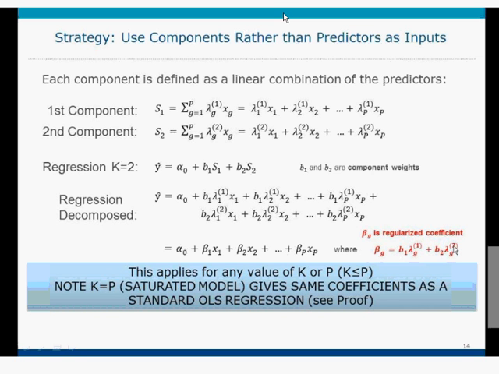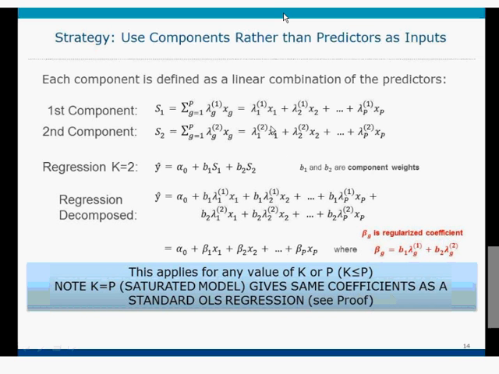And what that means is that with least squares, we're not doing any regularization at all. So we're using these 6 terms here in the case of a 6 predictor model. And this will yield the OLS regression coefficients.